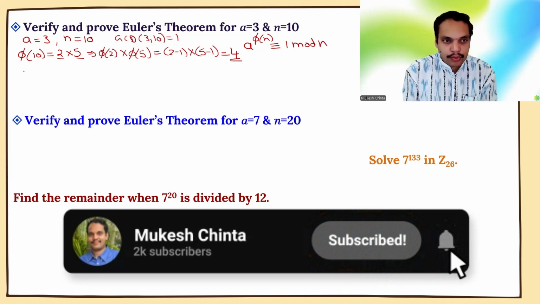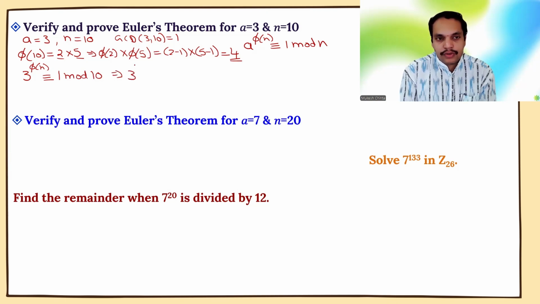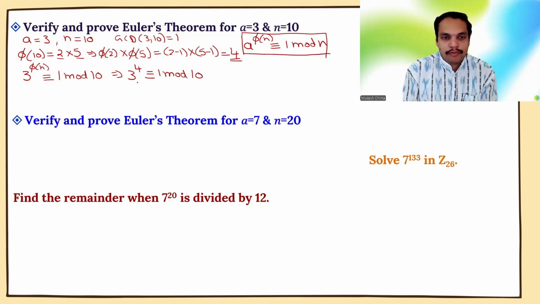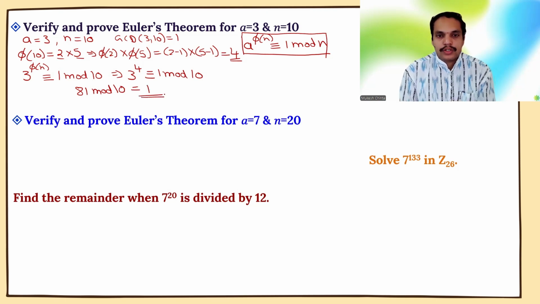Now I have to prove that 3 to the power of psi of n, which is 4, is congruent to 1 mod 10. So what is 3 to the power of 4? 9 9s are 81. So 81 mod 10 gives me the answer as 1. So Euler's theorem is proved.